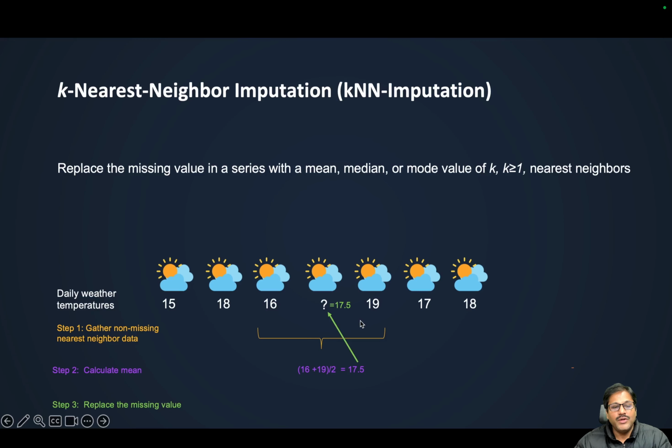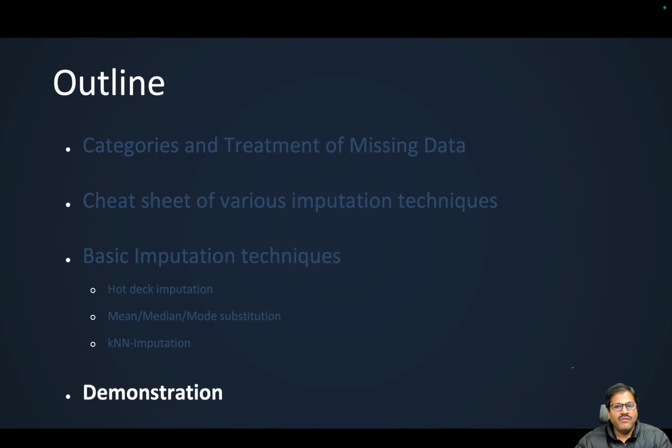If we do it, then this process of imputation is called kNN-imputation. I hope you have learned three basic imputation techniques. We will now look at the demonstration.